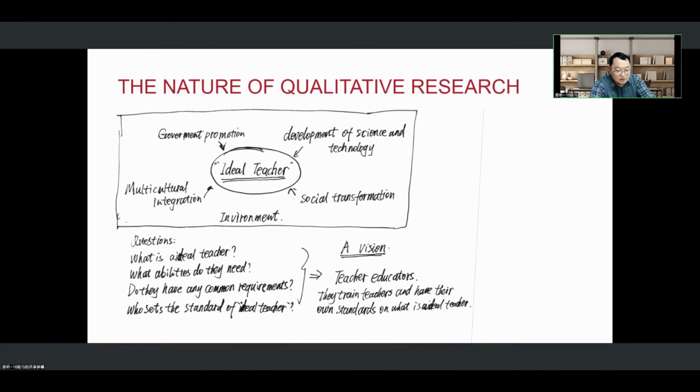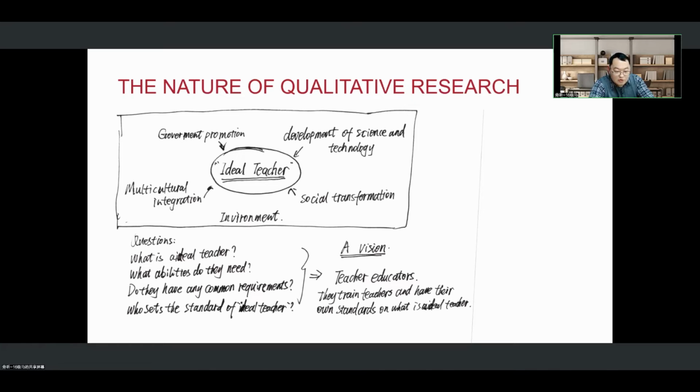According to the author's understanding, the professions of teachers is affected by many factors, such as the progress of science and technology, the development of society, the promotion of the government, etc. But what is a ideal teacher in the correct background needs to be defined.